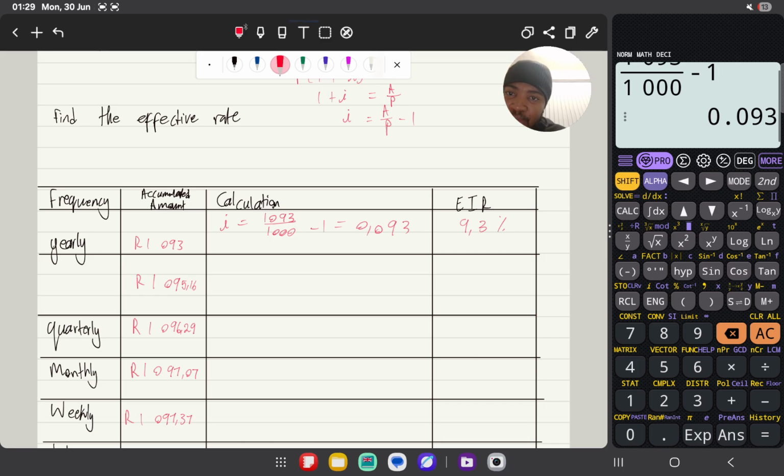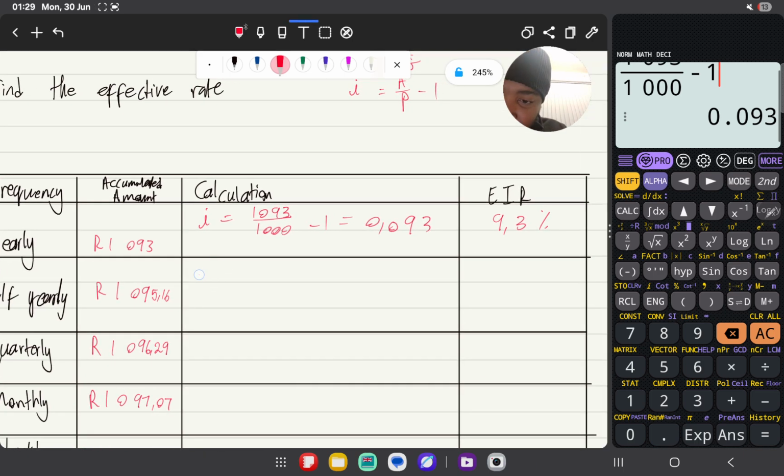Here, let me write it. This is half yearly, right? So here we go again. We have I equals 1095.16 divided by 1,000 minus 1.